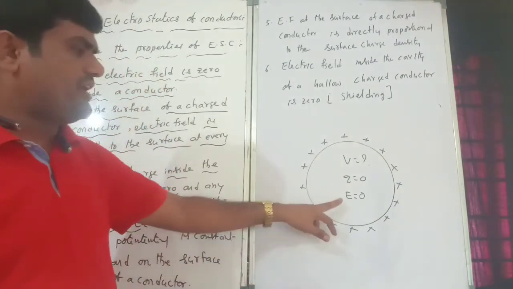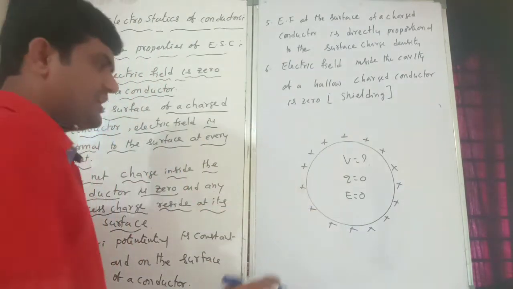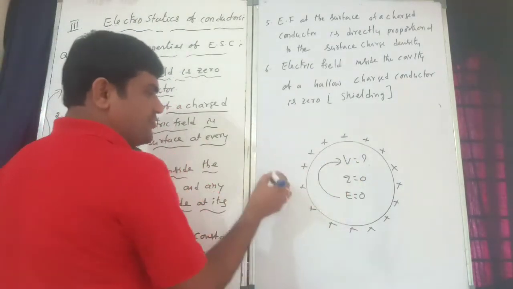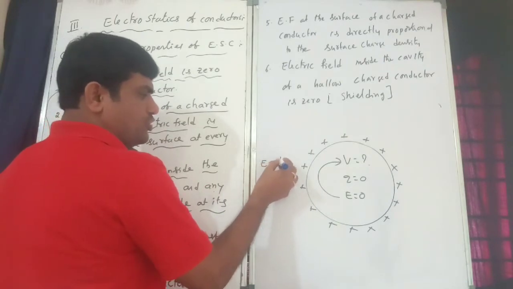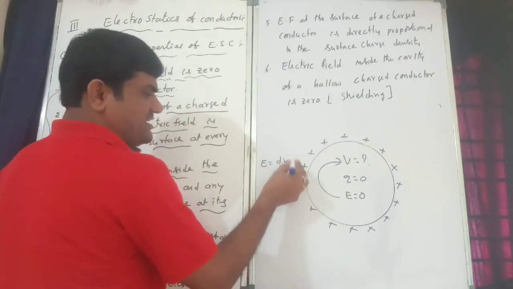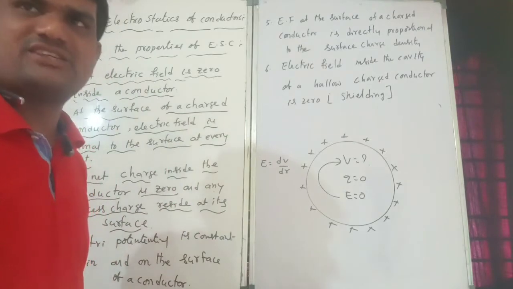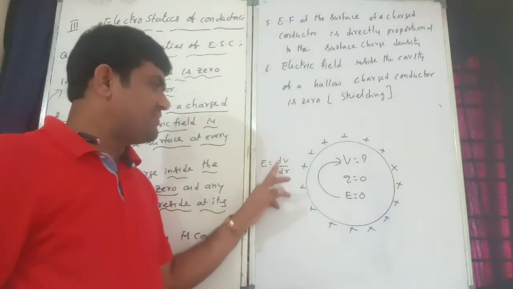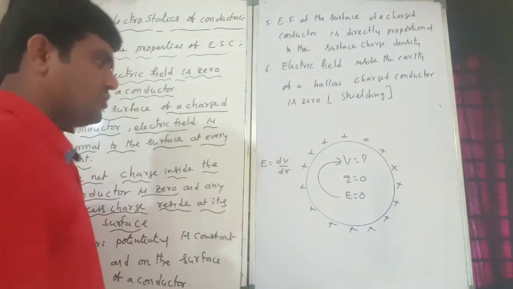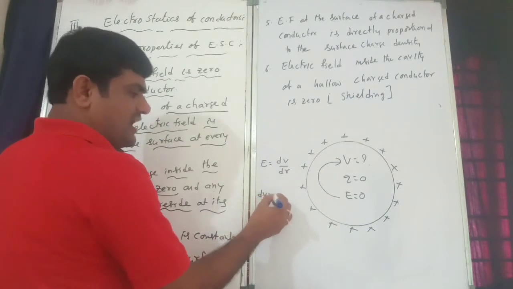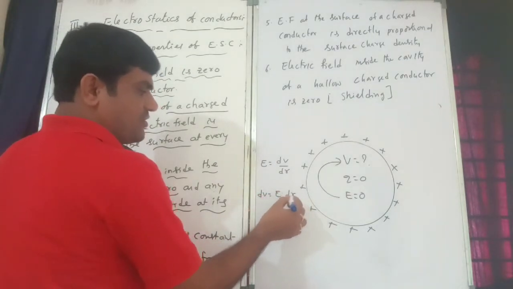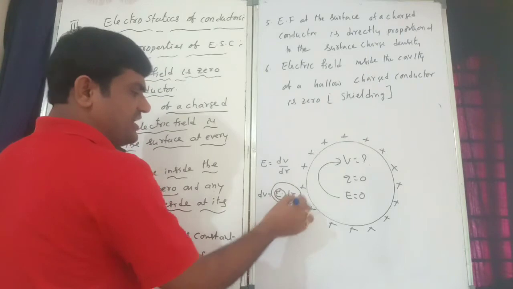So inside, the electric field is equal to 0. You know the relation between E and V. What is the relation? E is equal to dV by dr, right? The minus sign we can neglect. So dV is equal to E into dr. E value is how much? 0, and 0 times anything is 0.